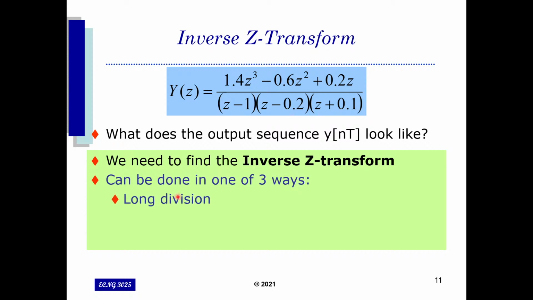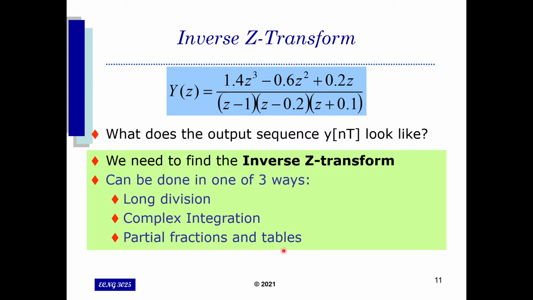We can do long division, which will give us the open form solution, or the infinite solution. We can do complex integration, which we will never do because, as its name says, it's complex. And we can do partial fractions and tables, which will give us the closed form solution or the finite solution.